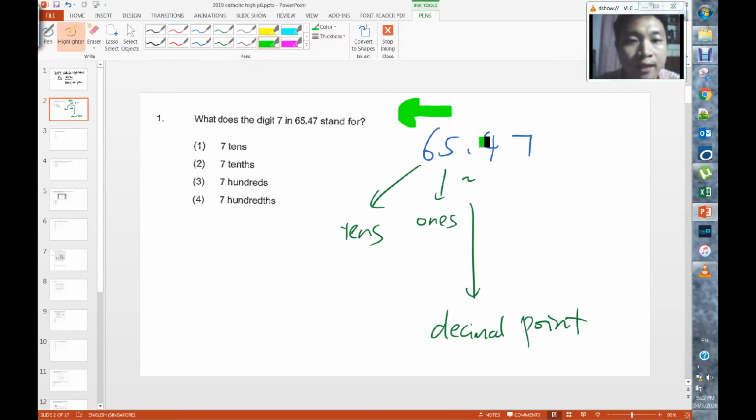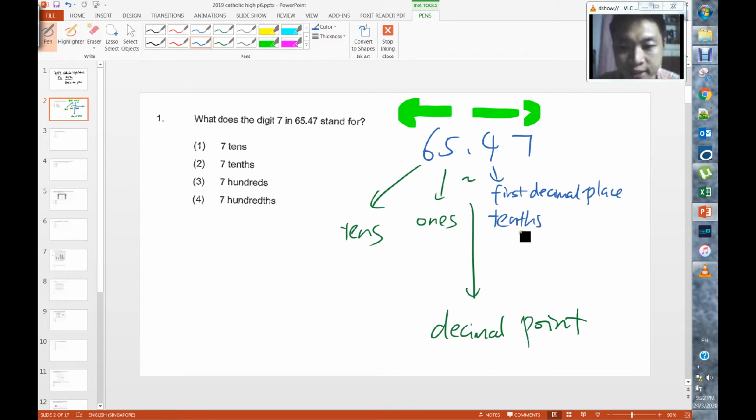Now let's look at the right side of the decimal point. The first digit on the right side of the decimal point is the first decimal place, so this is the first decimal place, and this indicates the tenths position.